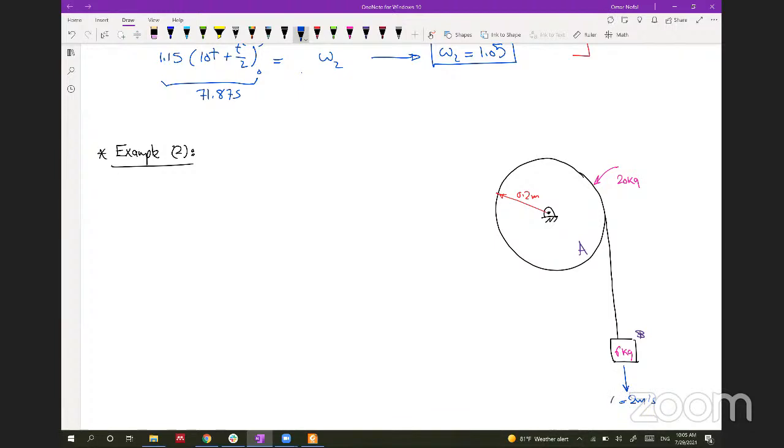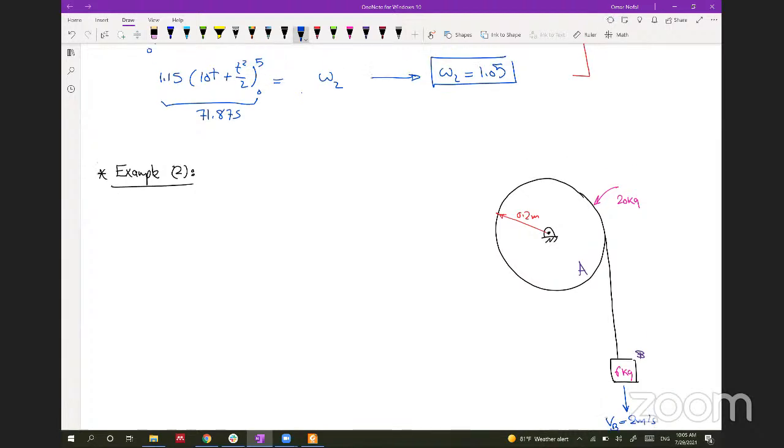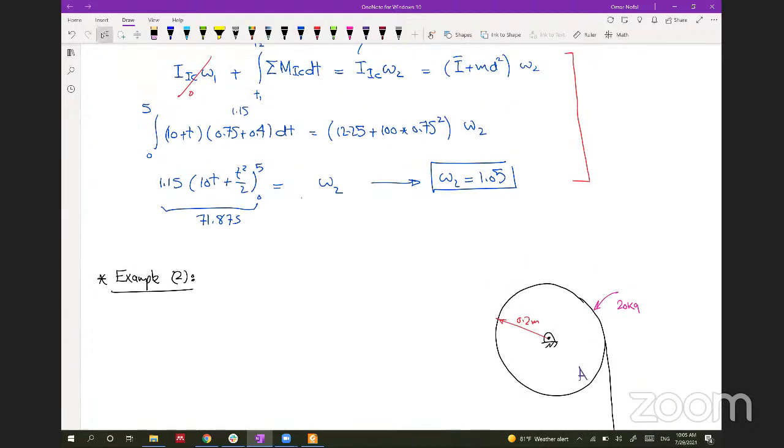So this is VB, moving down, and you are given in this problem that IA, the moment of inertia of the disk, is equal to 0.4 kilogram meter square.